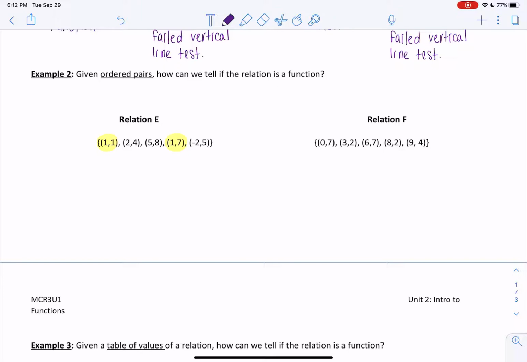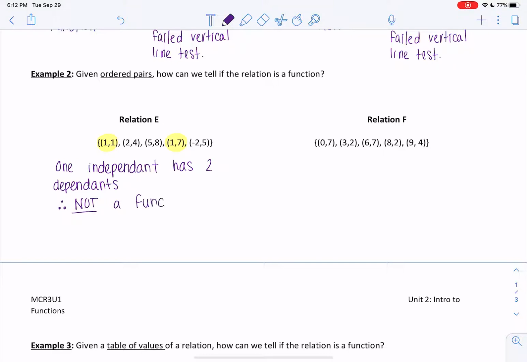So how we write that out is that one independent variable, which is R1, has two dependents, which are 1 and 7. So we can't have that, so we would say, therefore, this is not a function.